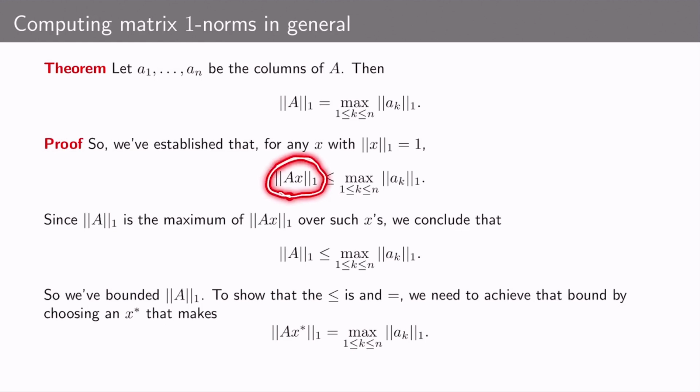So, since all of those choices are bounded above by the maximum of the 1 norms of the columns of A, the 1 norm of A is also bounded above by the maximum of the 1 norms of the columns of A.